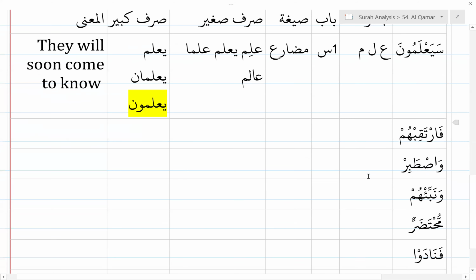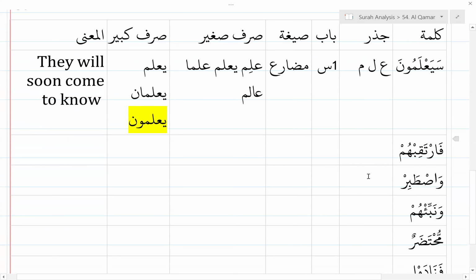Then we have فارتقبهم. ارتقب، ارتقاب. That is راقب. And ارتقب, يرتقب is from family 8, اختيار.